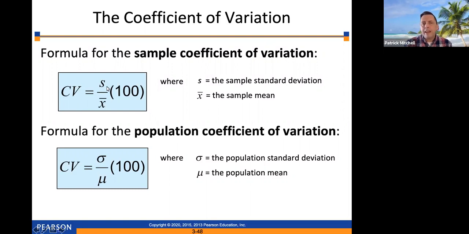So that's going to give you the proportion. And then when you multiply it by 100, it will change it to a percentage. And for a population, it's the exact same thing, just different notation, right? So with a population, we use sigma for the standard deviation, and we use mu for the population mean.